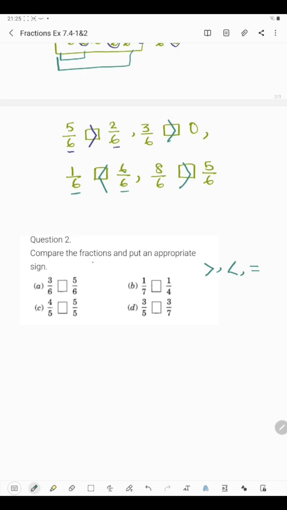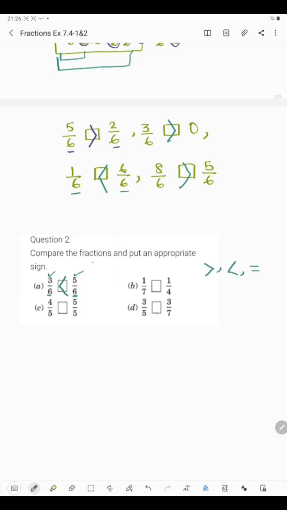Now always remember, when the denominator is the same, it is said to be like fractions. When the denominator is the same, and it is like fractions, we compare the numerator. If the numerator is greater, then the fraction will be greater. If the numerator is smaller, then the fraction will be smaller. Okay, so here as 3 is smaller than 5, 3 by 6 is smaller than 5 by 6, or we can say that 5 by 6 is greater than 3 by 6.